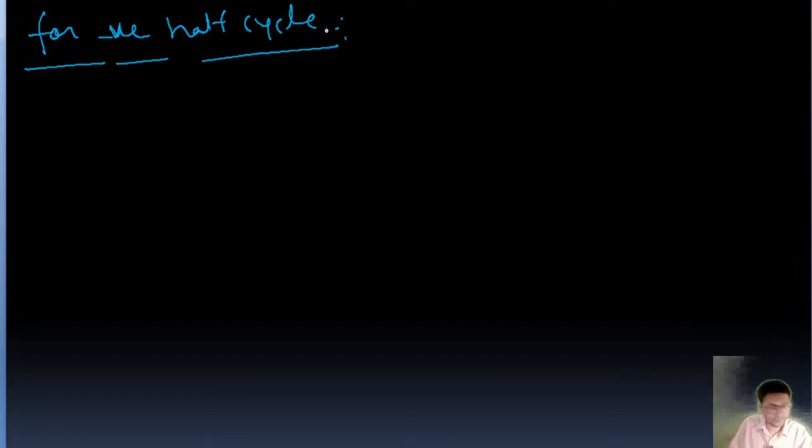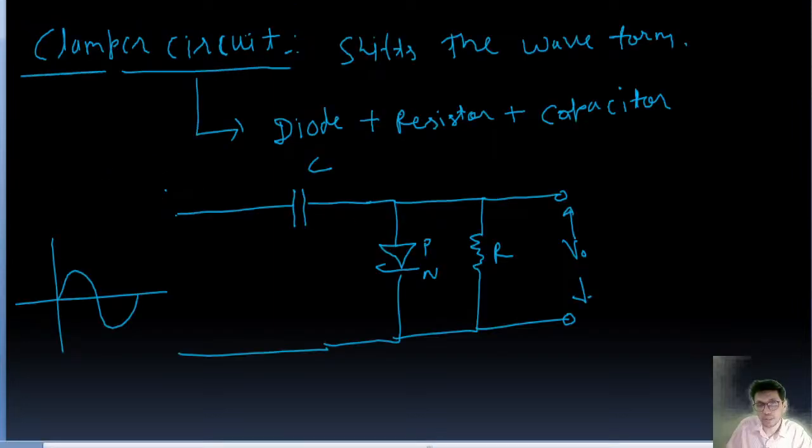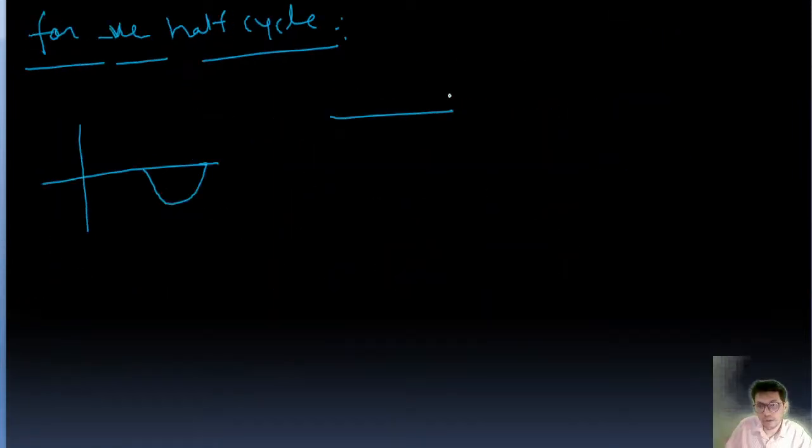Next for the minus half cycle, so for the minus half cycle we will give like this for this part. So again this is the diode, and the capacitor will remain as it is.